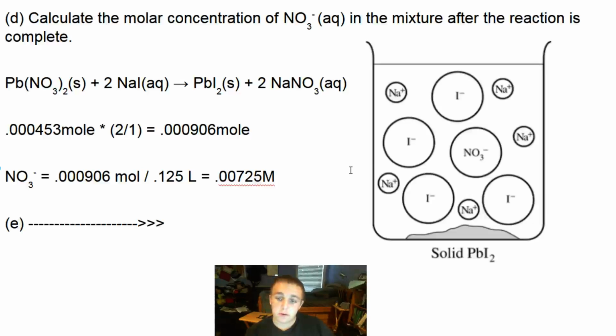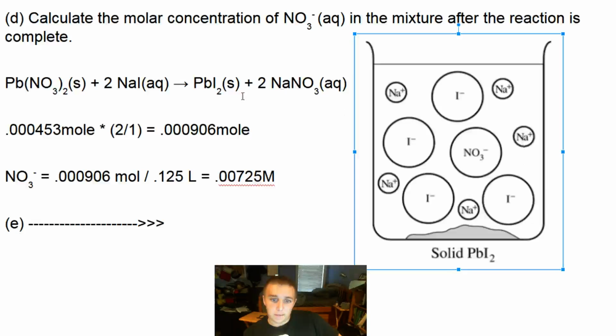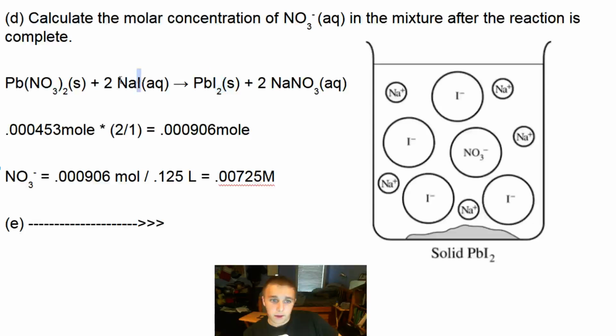For this reaction, we know that Pb(NO3)2 is going to be used up first to form PbI2 and 2 NaNO3. But all of this is going to be used up in forming these things. So I chose this one because it has I and Na left over, excess I from the first side, and excess Na as well.